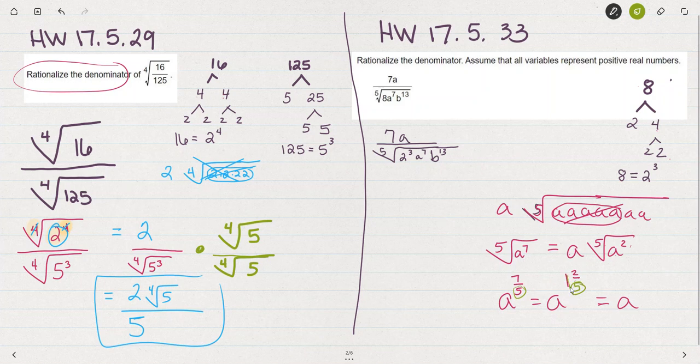Okay, so we've got this 1, a whole number 1 means we've got one whole a, and then we have a fifth root of, so this 5 in the denominator always defines the index, and then this 2 is our exponent, so a squared.